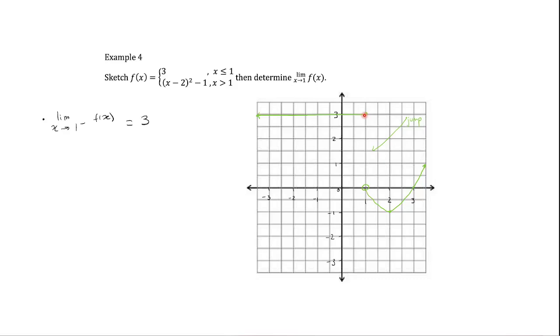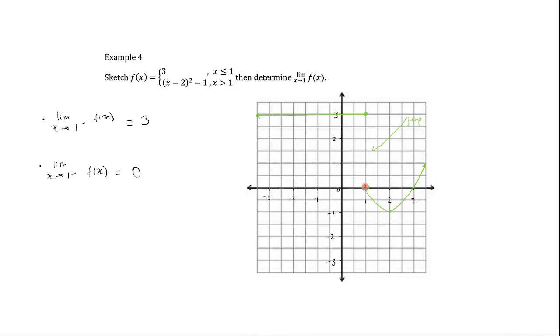However, if we take the limit of f of x from the right, then we are going to be following along the parabola, which is going to be taking us towards 0. And so, of course, these limits are not the same, right?